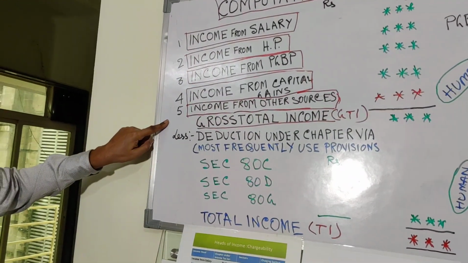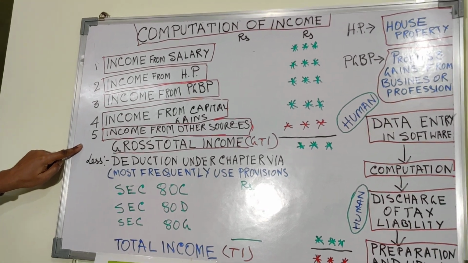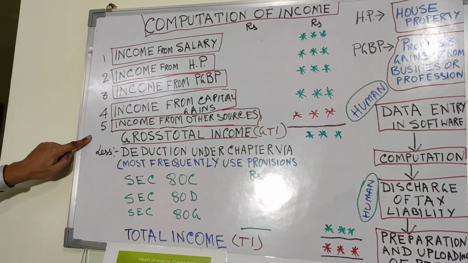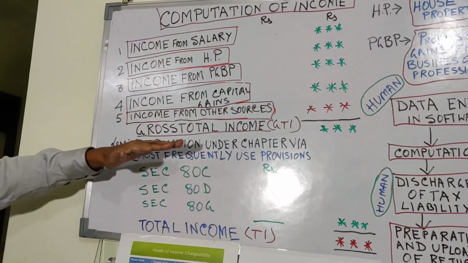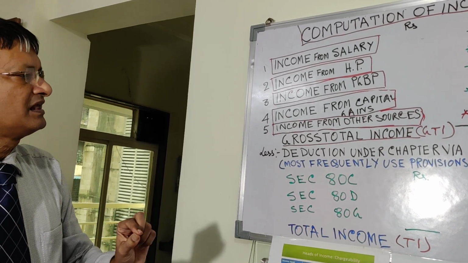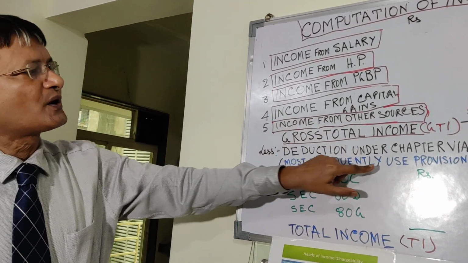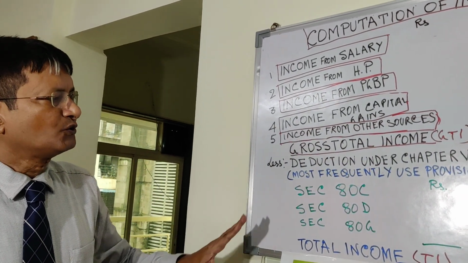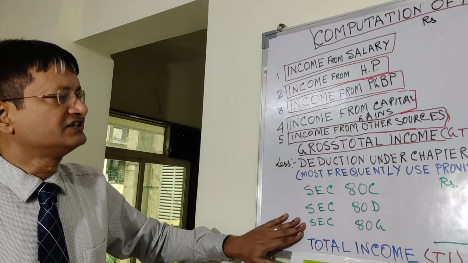And from this gross total income, we are required to make some deduction under chapter 6A. Now under chapter 6A there are numerous deductions, but as an accountant you need to be aware of most frequently used provisions, which is basically section 80C, 80D and 80G.